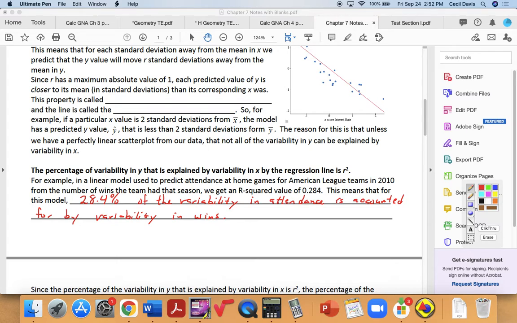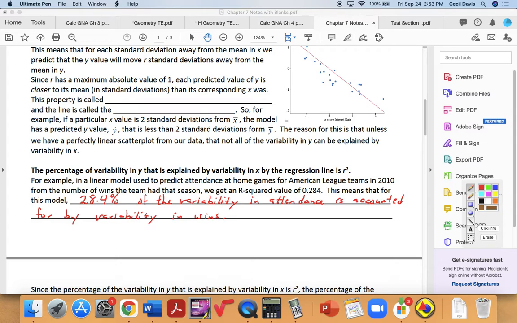Okay? The variability in the fans is partly due to how well they're doing, but only partly. Partly it's because it's an event and people do business there and all kinds of other things, or the weather was nice, or someone gave us the tickets, or any number of other things.